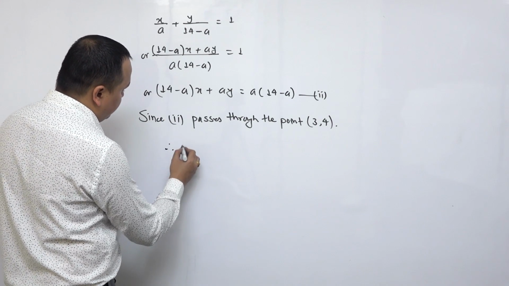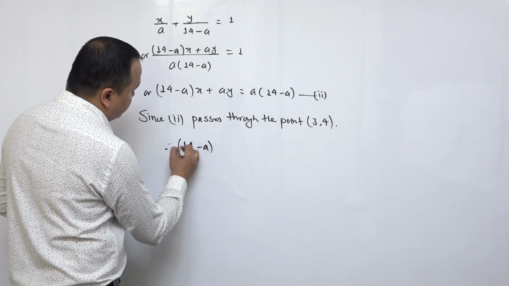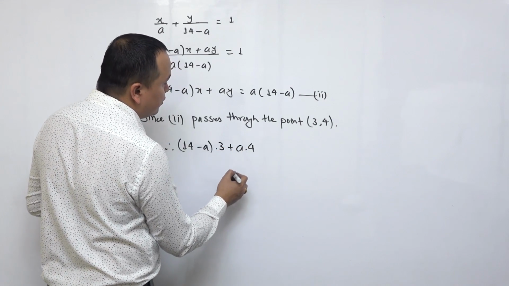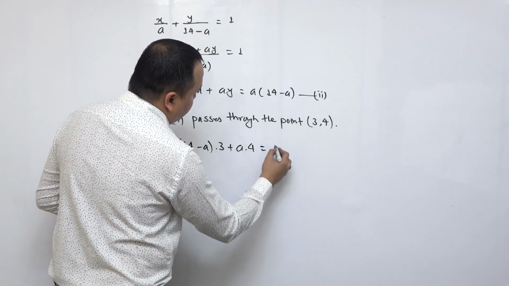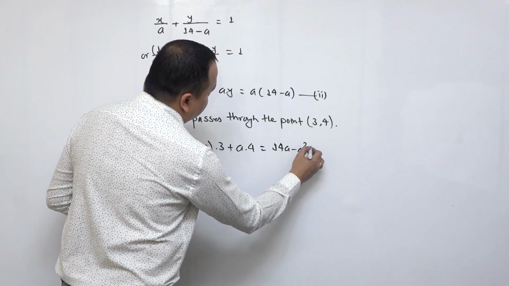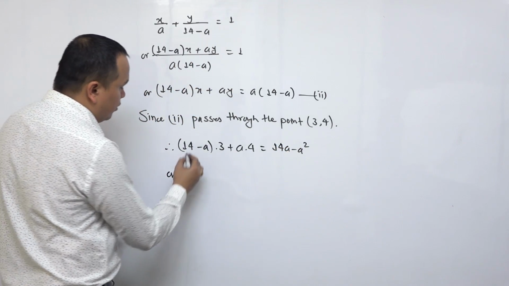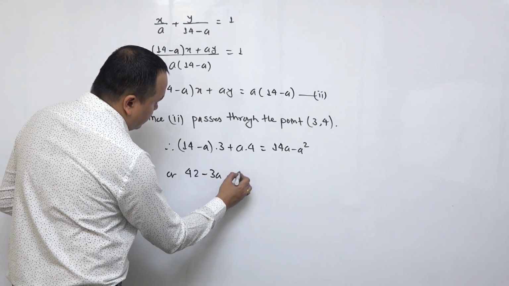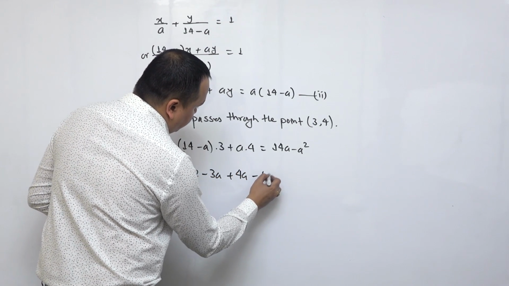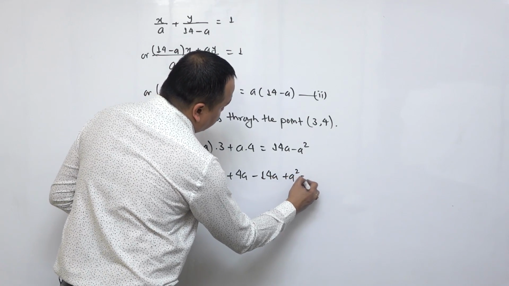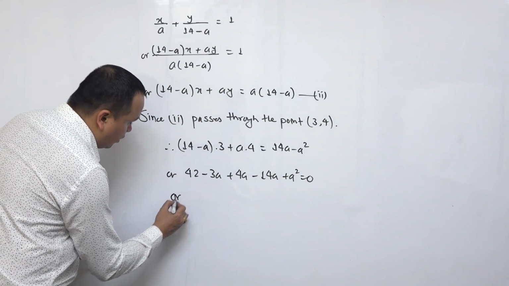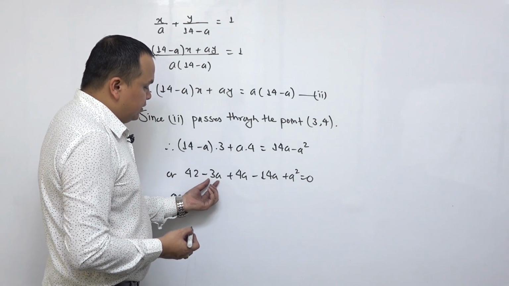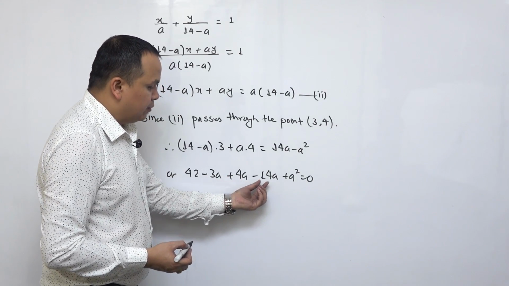Therefore, 14 minus A into 3 plus A into 4 is equal to 14A minus A square, or this is 42 minus 3A plus 4A minus 14A plus A square is equal to 0, or A square minus 3A plus 4A minus 14A.